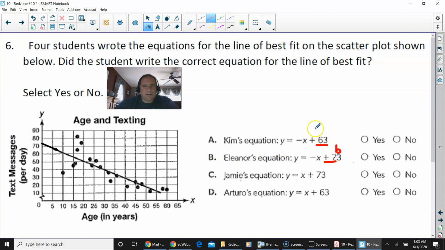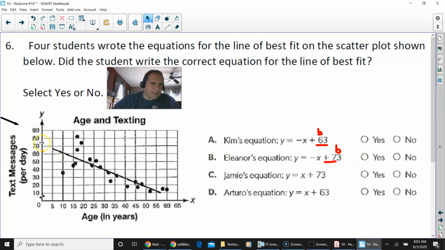But let's just take a look at what Kim said. Kim said that her equation is y equals -x plus 63. 63 is down, the trend line would be down here, starting there. It doesn't start there. Even without this line that I put here, if I remove it, it's not going to be 63.